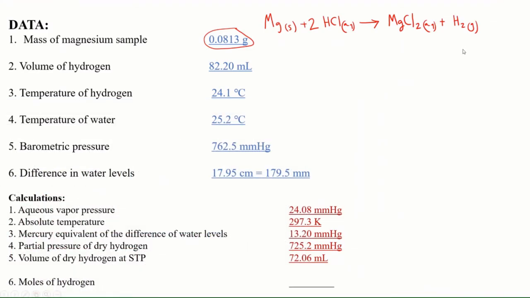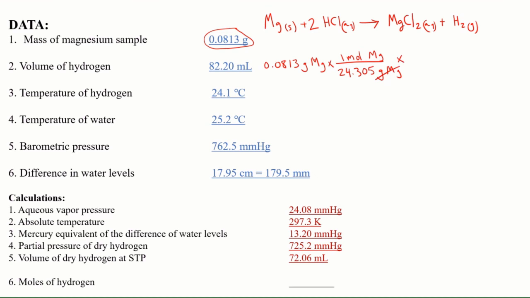So we will need to convert 0.0813 grams of magnesium to moles of magnesium. Every mole of magnesium weighs 24.305 grams of magnesium.